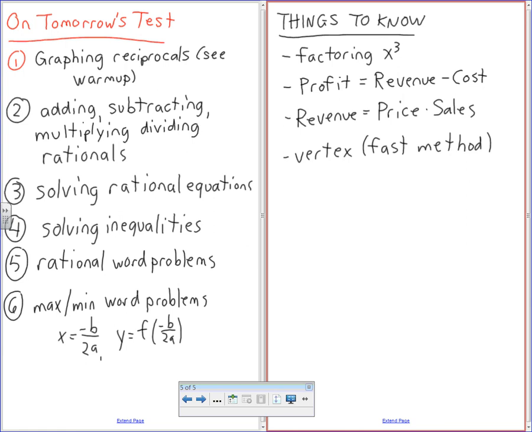Yeah, Adrian? What's that, sir? Okay. Yeah, I can do an X cubed one. I'll start with an X cubed one, and then we'll go from there. Okay?